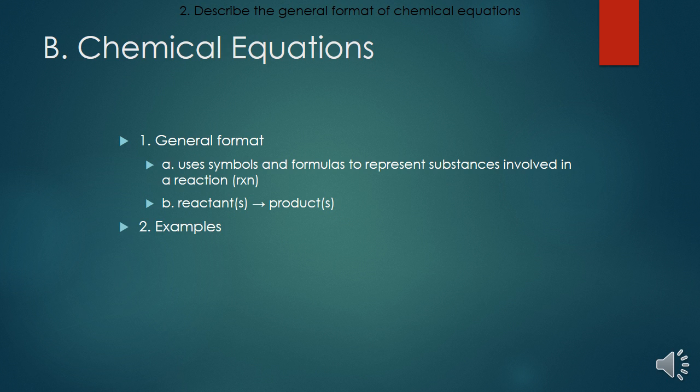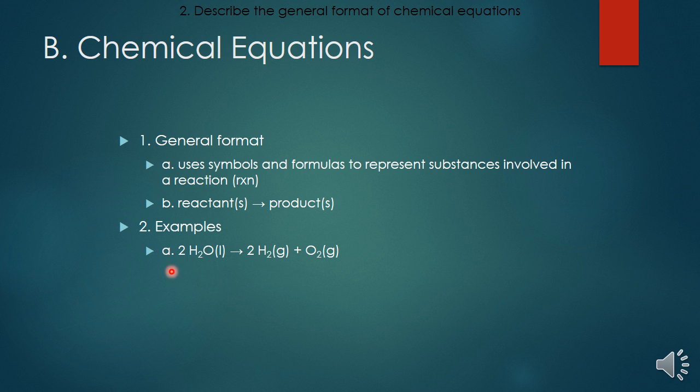Here are some examples of some equations. So here we have an equation. If we look at the symbols here, some things should look very familiar. We have H2O, we're familiar with that being water. We have H2, that would be hydrogen. We have O2, that would be oxygen. Now there are some other things here that you might not be so familiar with.